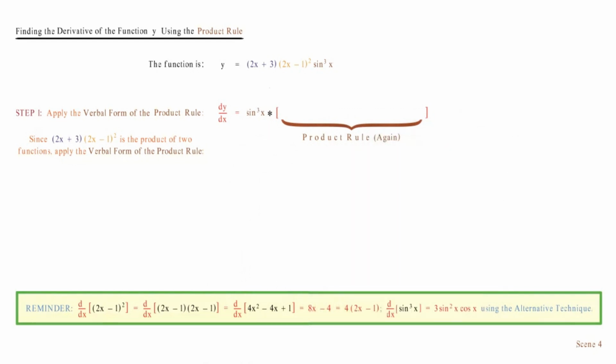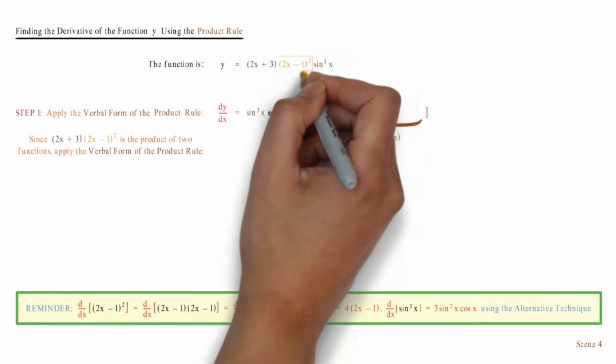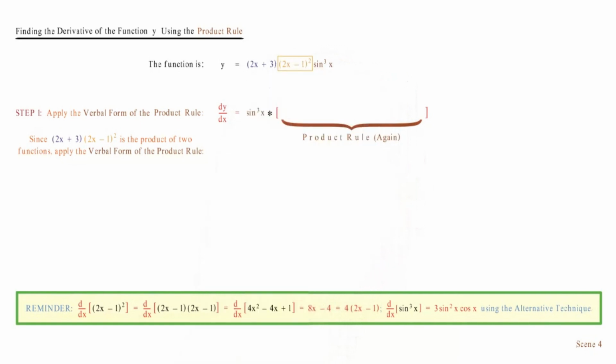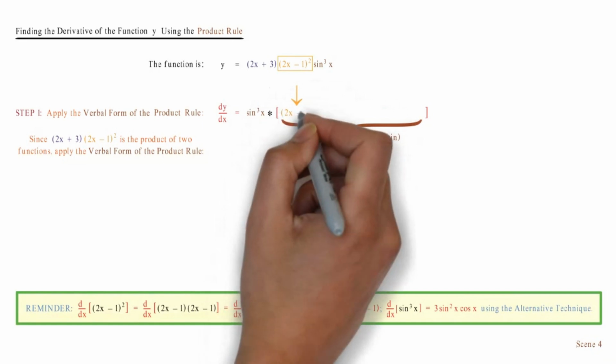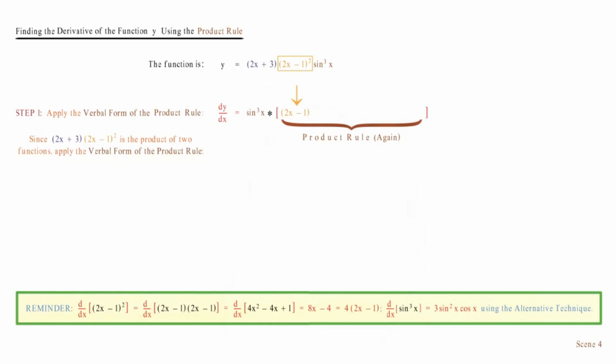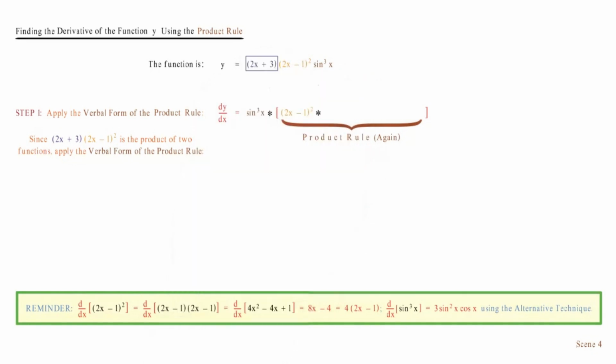The second function is 2x minus 1 all squared, so substitute 2x minus 1 all squared times the derivative of the first function, the derivative of 2x plus 3, which is 2.